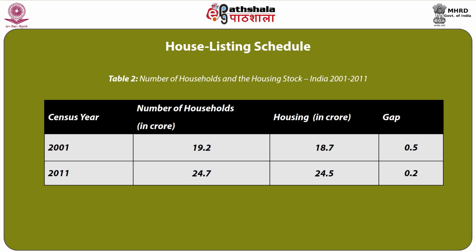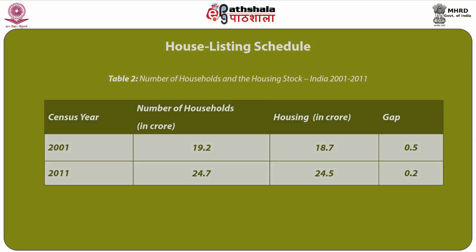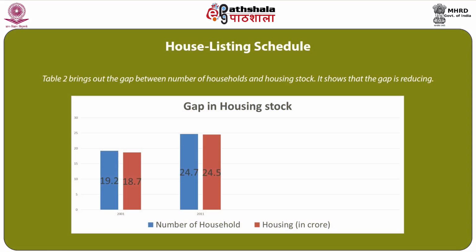The gap between number of households and housing stock was 0.5 in 2001, while in 2011 it has reduced to 0.2. The gap in housing stock can also be observed in the graphs shown herewith. It brings out the gap in number of households and housing stock, and it shows us that the gap is reducing.